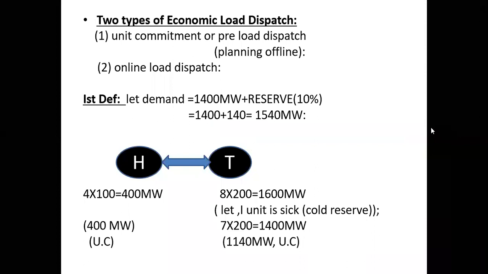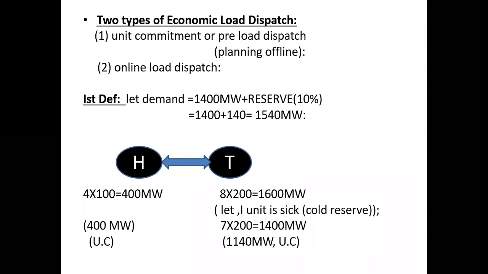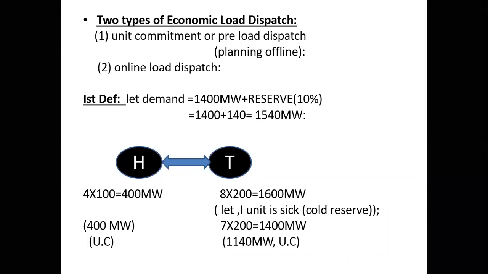Now, how you can define unit commitment or online dispatch in electrical terminology is, first, unit commitment: select the required number of generating units from the available healthy units in order to meet the demand of the system over a specified period along with a certain reserve capacity.